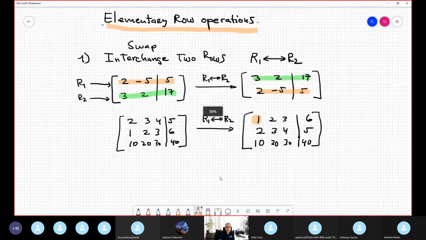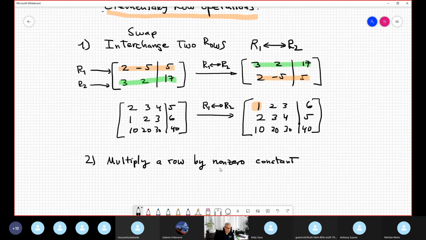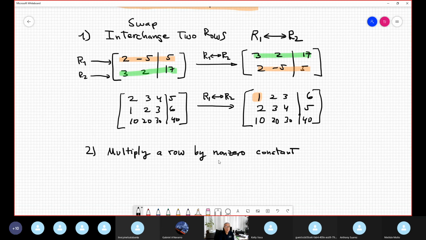Another row operation, number 2, is multiply a row by a non-zero constant. Suppose again the same example.